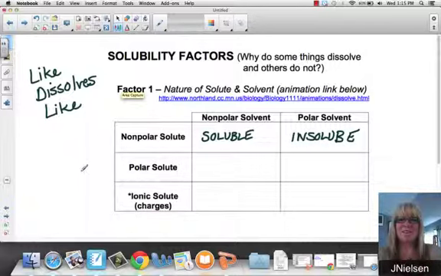Polar will dissolve polar. So I can take water and I can put it in vinegar. So polar dissolves polar. But polar cannot go in nonpolar.